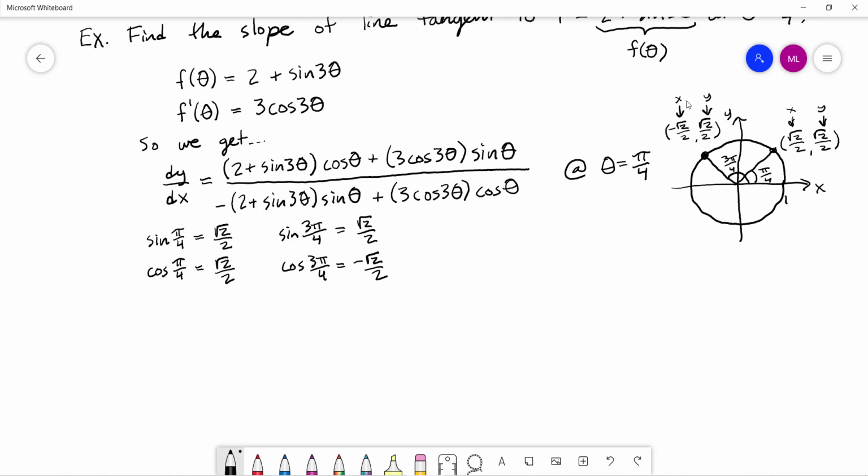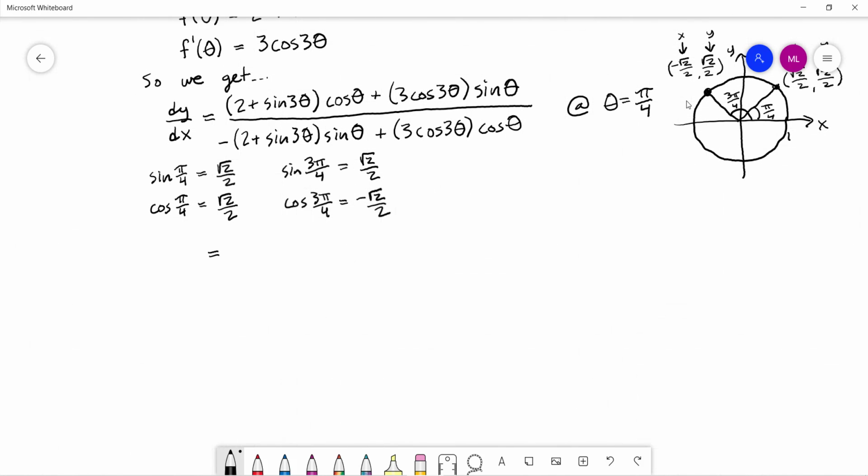So there's those values. We just need to literally plug those in and do a bunch of ugly arithmetic.